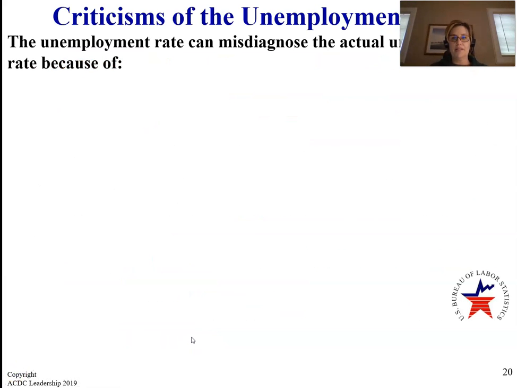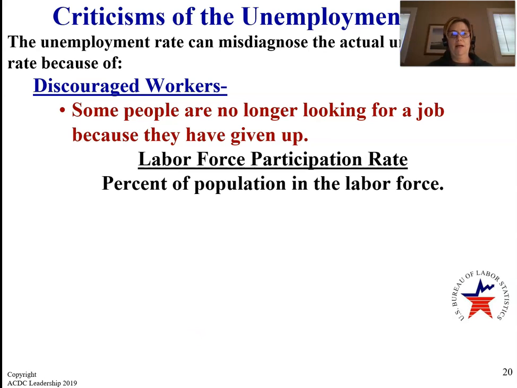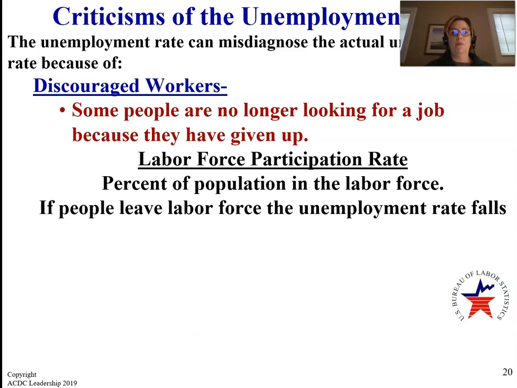There are some criticisms of the unemployment rate. Discouraged workers are people that are no longer looking for a job because they're frustrated. So think of the recent pandemic. If someone cannot find a job because many employers are not hiring, then they're going to give up. The labor force participation rate is the percent of the population in the labor force.